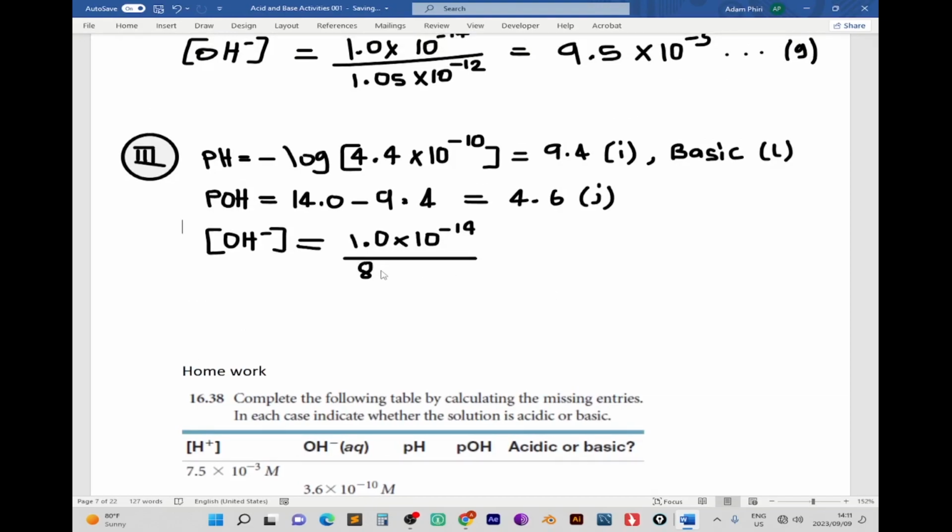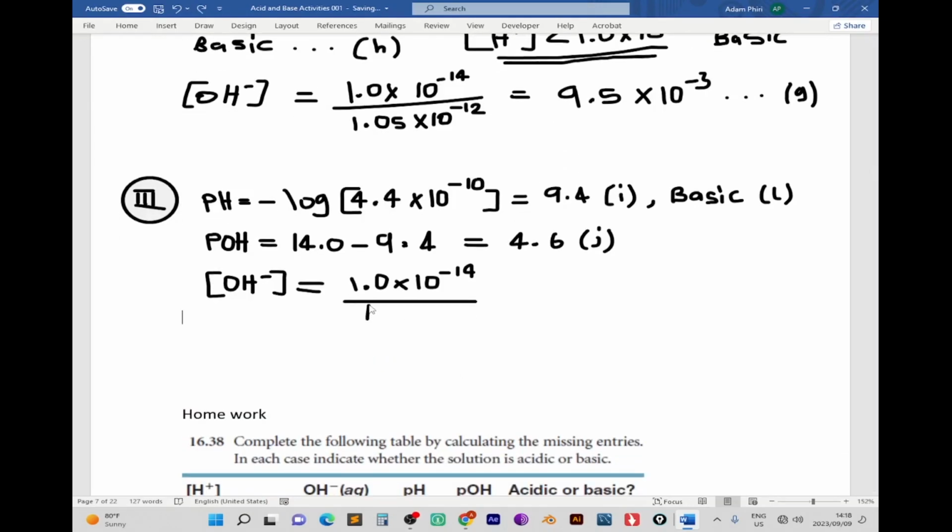Let us just see. 8.5 multiplied by the concentration of the acid. But you can see there's a contradiction. We have concentration of acid as 4.4 multiplied by 10 to the power negative 10.